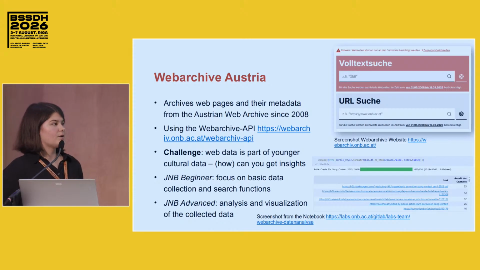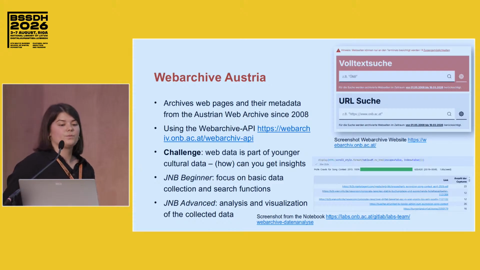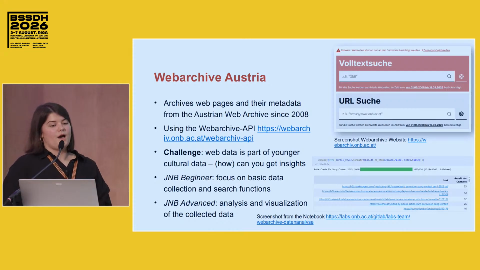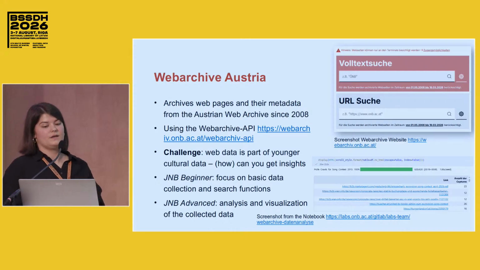And here again, like with the newspaper notebook, we wanted to face the challenge of whether you can get insights into the data which is already online, even though you're not that familiar with how to make an API call. For that we developed a Jupyter notebook, and here we try to make exactly this bridge, and that's why we also offered a beginner's notebook and a more advanced notebook.